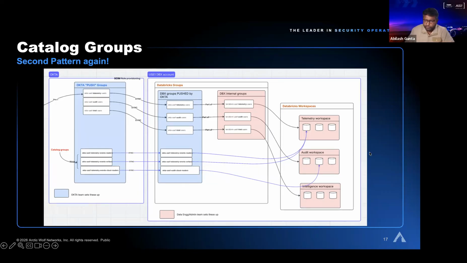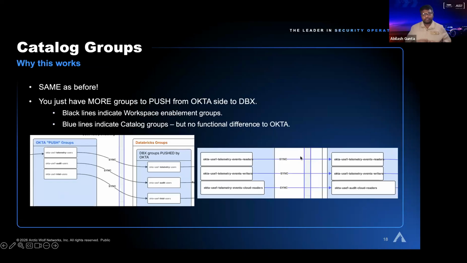And now, let's say you want three catalog groups. The same thing you do, you set up three of those catalog groups on the Okta side, and then the sync happens. And once those groups show up in Databricks, you can enable them access to specific catalogs, like these blue arrows indicate here, right? It's the same as before. You just have more groups coming from Okta, right?